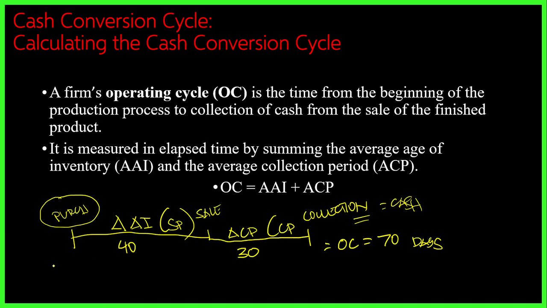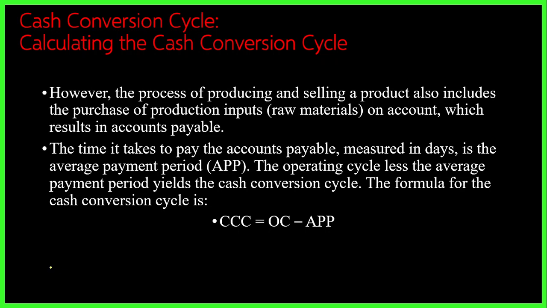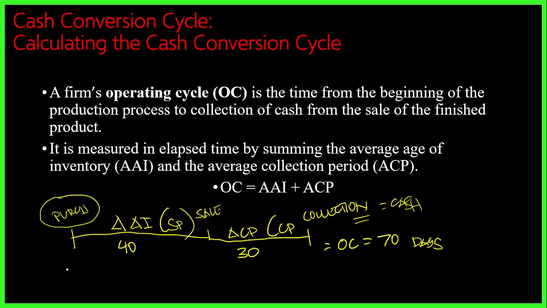It was defined as the time it takes to pay the accounts payable, so that will be from the date of purchase up to the date of payment. Let's say from purchase to payment is 50 days.